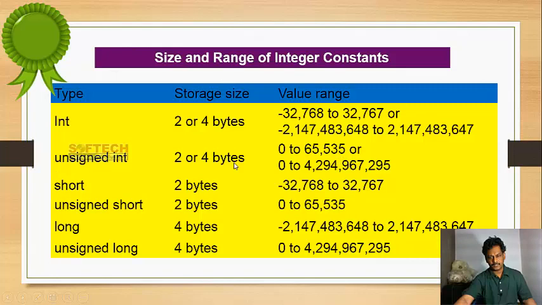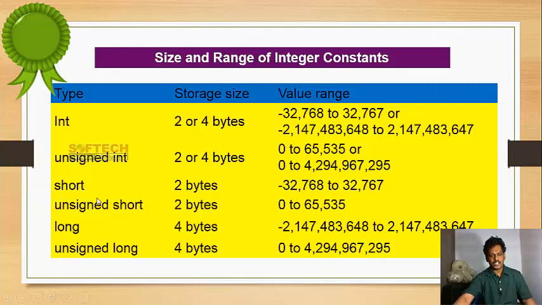If it is 4 bytes, 32 bits, all 32 bits store values, so it is 0 to 2 power 32 minus 1. This is the range: 0 to 4,294,967,295.